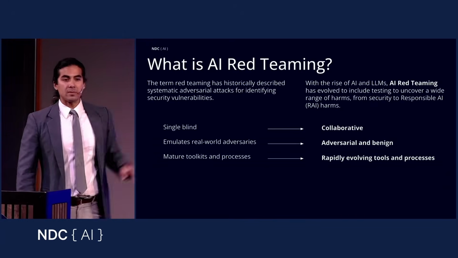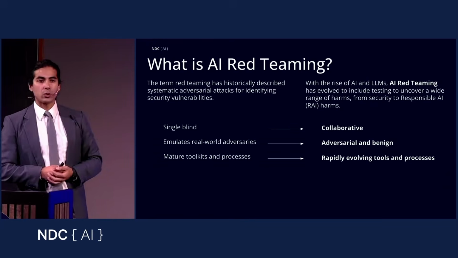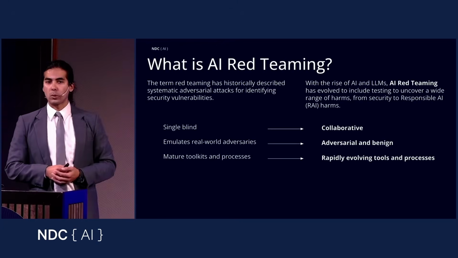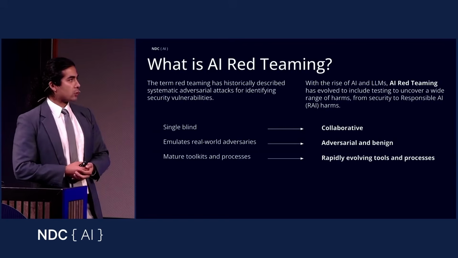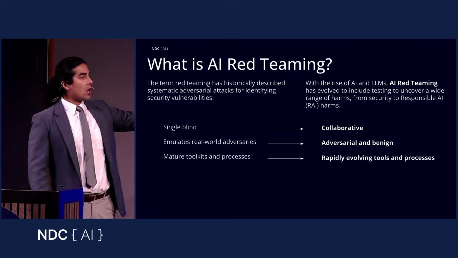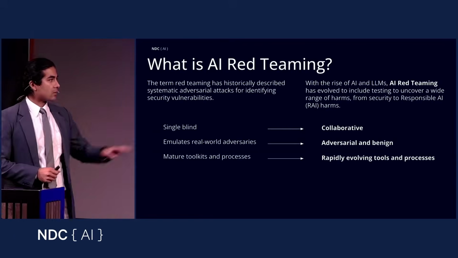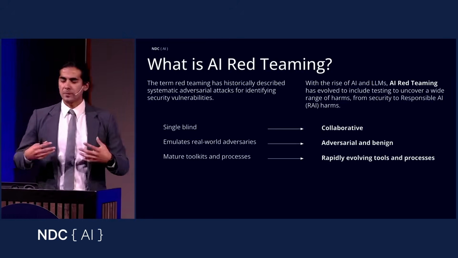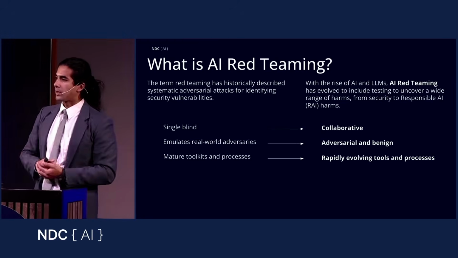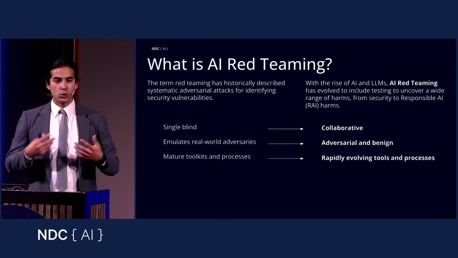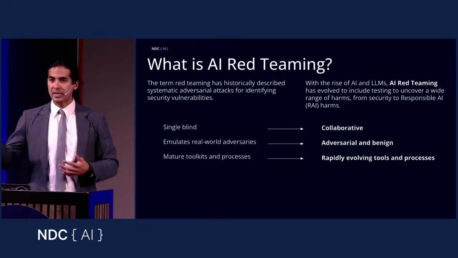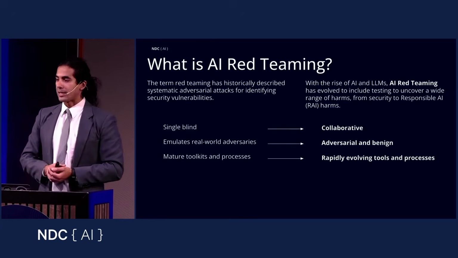With AI red teaming, because the field is evolving so rapidly, these engagements tend to be a little more collaborative. Usually the security teams are working with the product teams to improve the security of the systems. With traditional red teaming, because the processes and tools are an ecosystem, it's a little more mature. We're trying to emulate real-world adversaries, your nation states, and how they would go about attacking your systems.